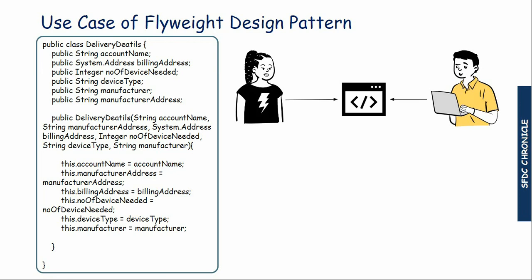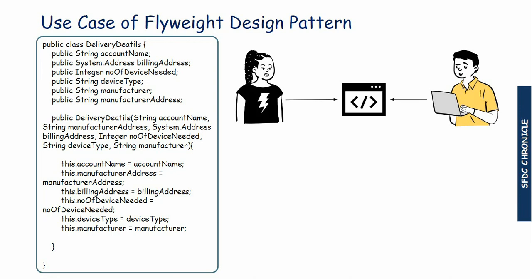So Sally created a class like this and used it with an LWC component or a Visualforce page, anything you want, and the details are displayed in the front end. In this delivery details, what are we going to show? We are going to show account name, billing address, and how many devices are needed.